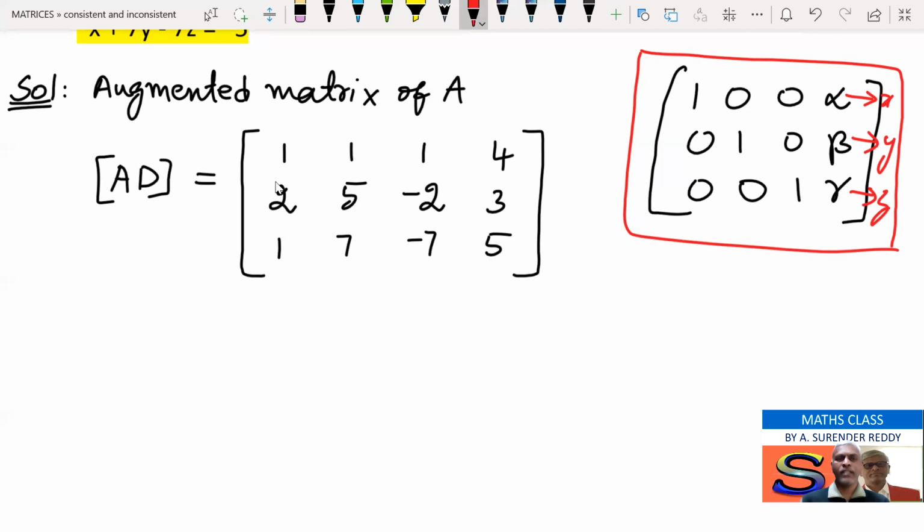So in the first step, we try to convert C1. First we convert C1 into zeros. So this is C1, this is C2, this is C3, this is C4, the fourth column.